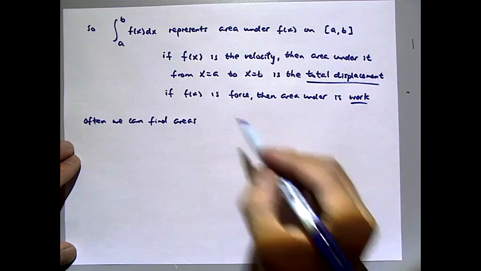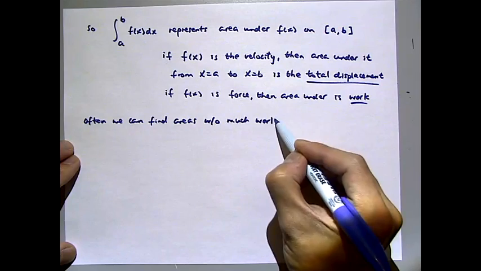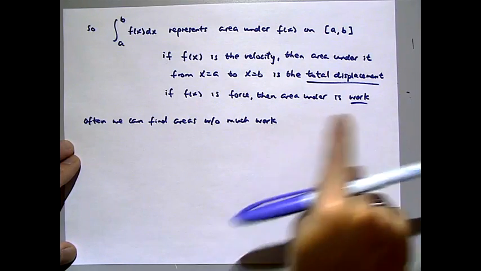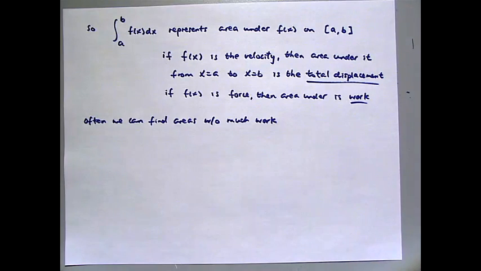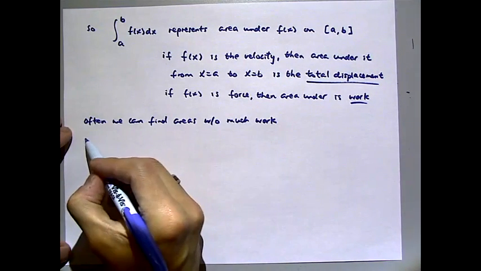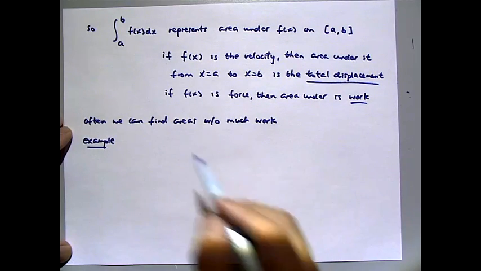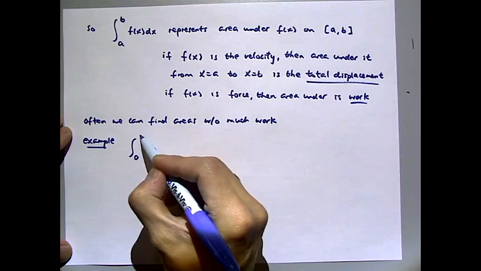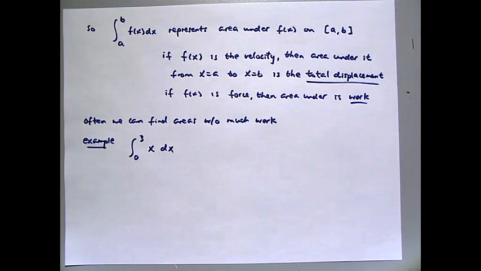Very often we can find areas without much work. Not the same work. That's a poor choice of word, but work in the sense of adding rectangles. Anyway, you get the idea. For example, if you could visualize what kind of area you're dealing with, a lot of times there's really nothing to do.